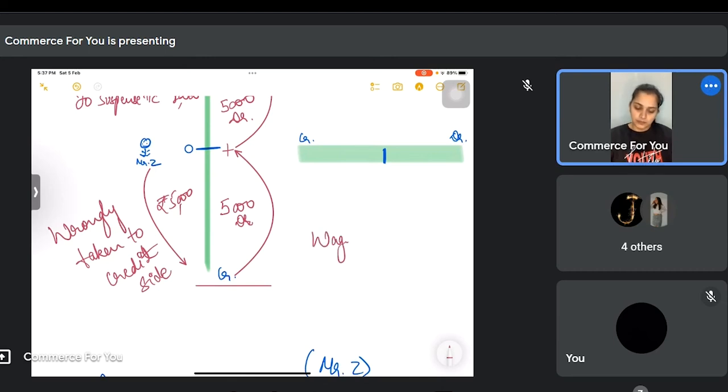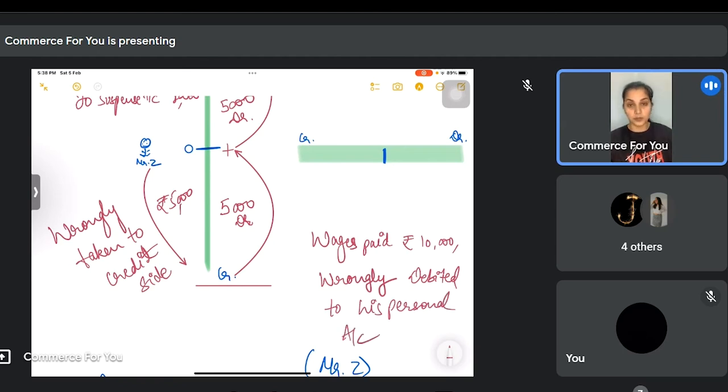Wages paid rupees 10,000, wrongly debited to his personal account. अब हमें उनके पर्सनल अकाउंट में तो ट्रांसफर करना ही नहीं चाहिए, तो मुझे उनका पर्सनल अकाउंट करेक्ट करना है.